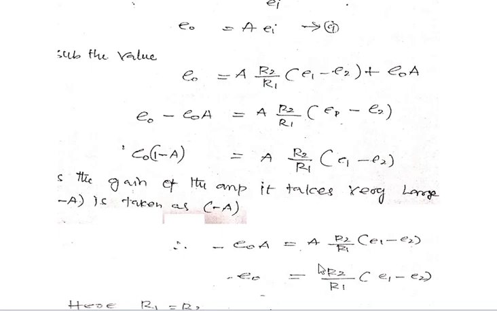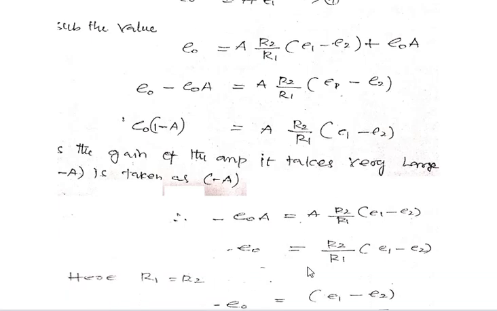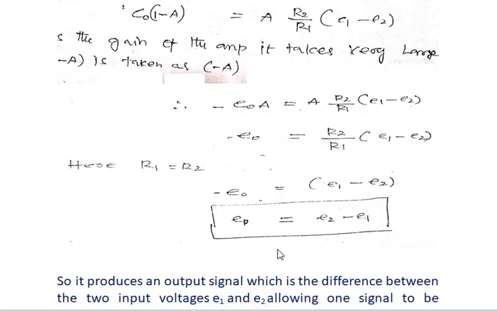The A is cancelled, and R1 is equal to R2. So minus E output is e1 minus e2. The negative sign is taken here, so e2 comes here. So E output is equal to e2 minus e1.